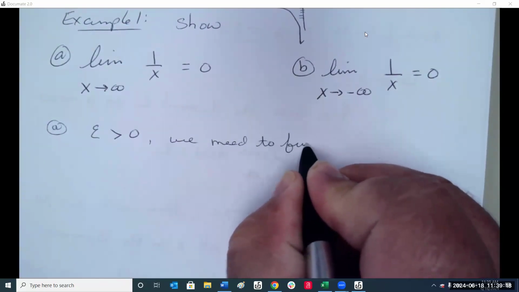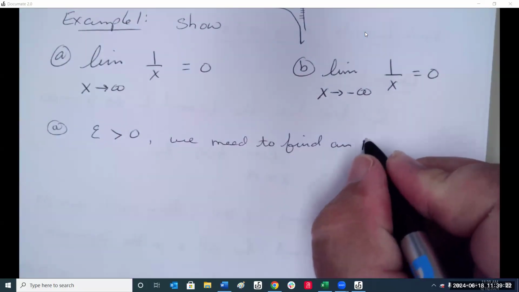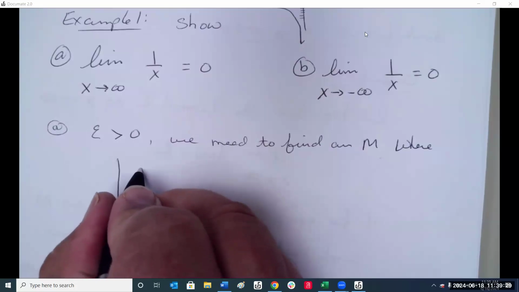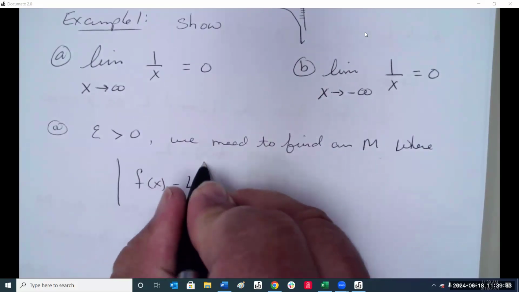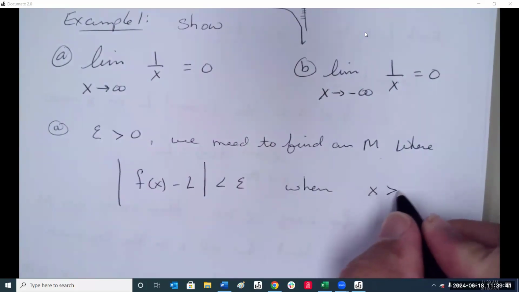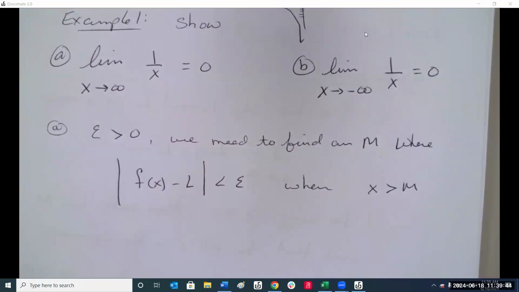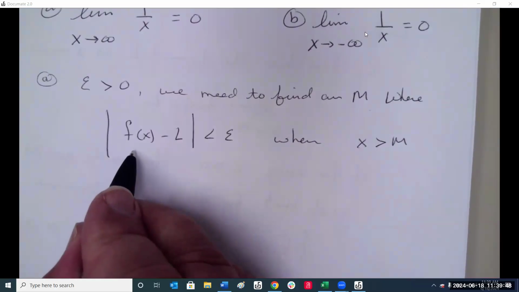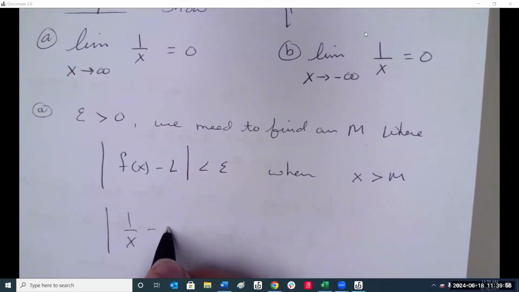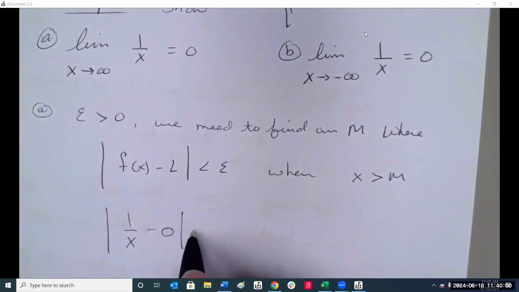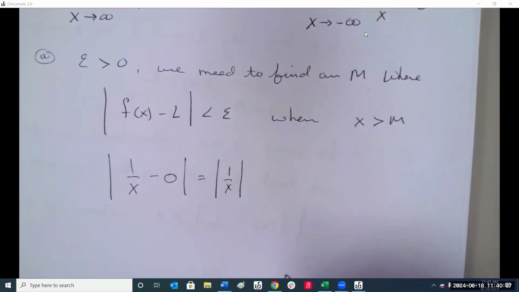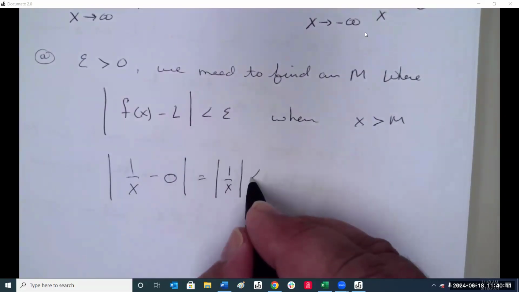We need to find an M where our function minus L is less than epsilon when x is greater than some value M. So what's our function? 1/x. What's our limit? 0. So that equals the absolute value of 1/x, and because of this, we know it's less than epsilon.